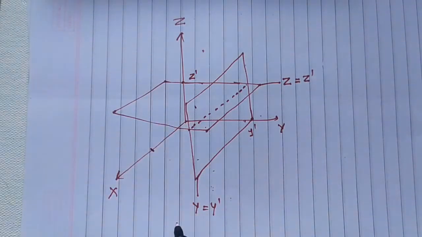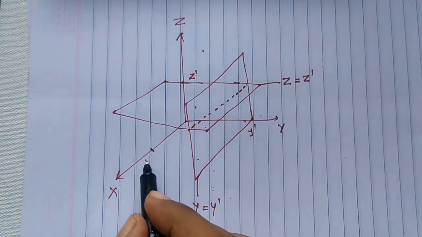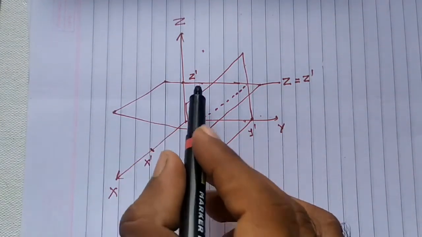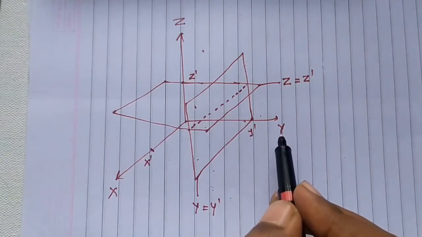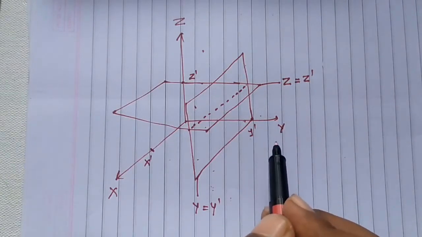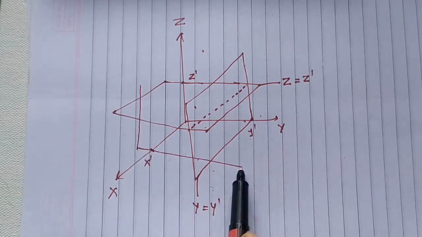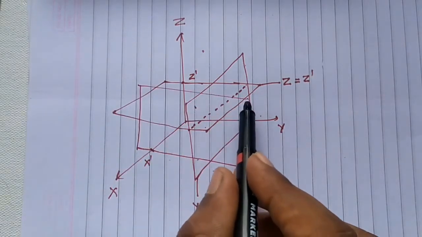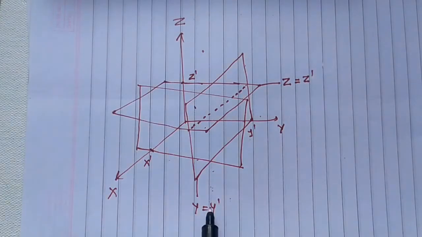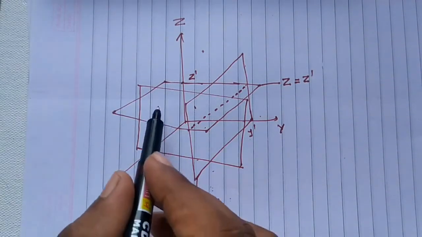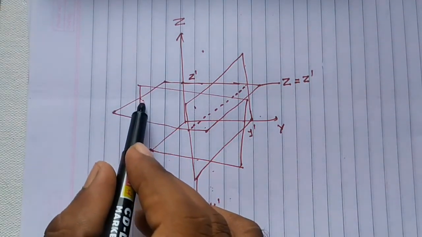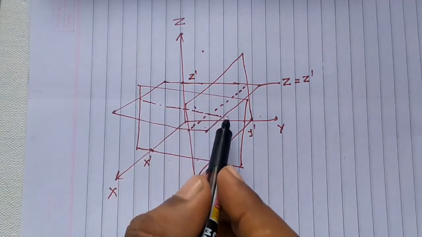So suppose the third surface is passing through this point x dash. It will be parallel to the zy plane. So if I draw a surface like this, this surface is going to intersect somewhere here to the plane.